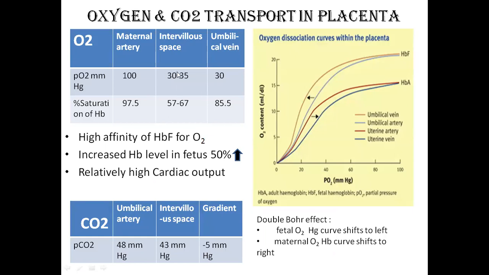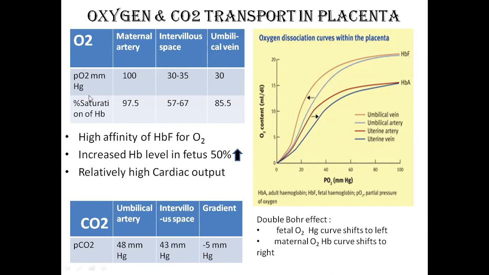Now here we see that the oxygen, which in maternal artery, the PO2, the partial pressure of oxygen, is about 100 millimeter of mercury. In intervillous space it is 30 to 35, and in umbilical vein it is as low as 30 millimeter of mercury. So the fetus has to do with a very small oxygen concentration.